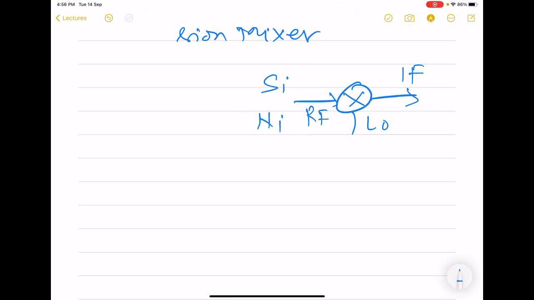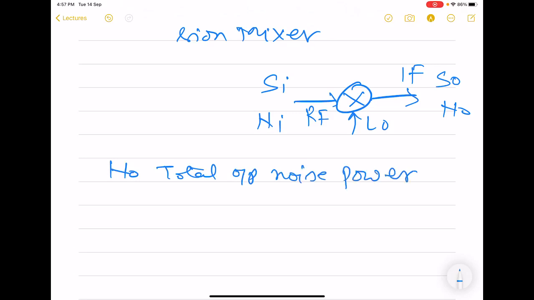Sorry, the input SNR to output SNR. So these are the signals that we encounter in this mixer, and this NO is the total output noise power at the output of the mixer.